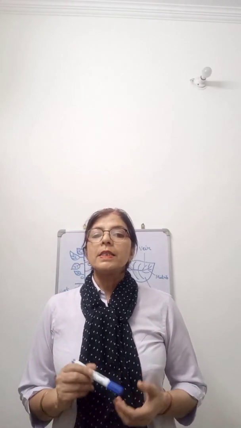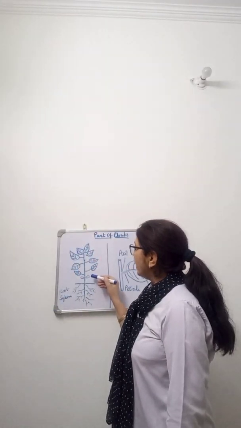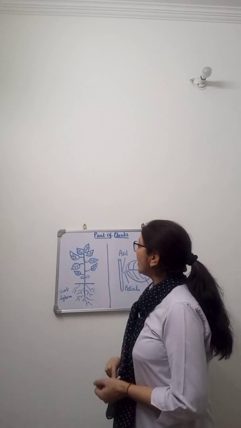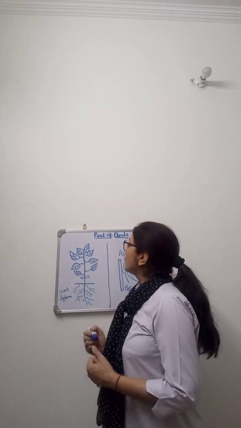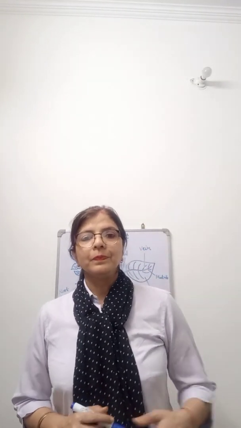Clear? And it supports the upper parts of the plant. This is the main role of the stem. It supports the upper part of the plant, and roots hold the plant firmly under the ground. Is that clear?